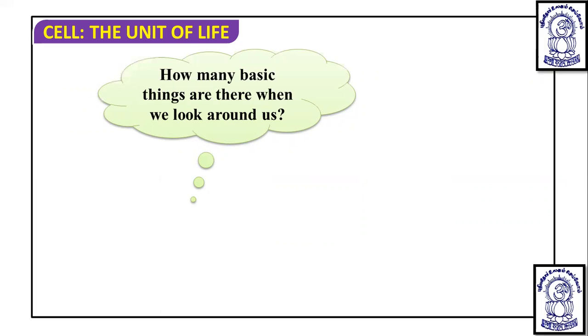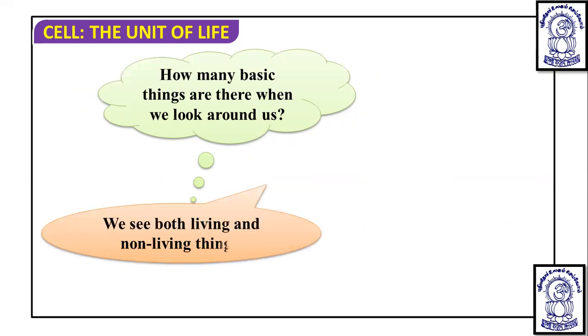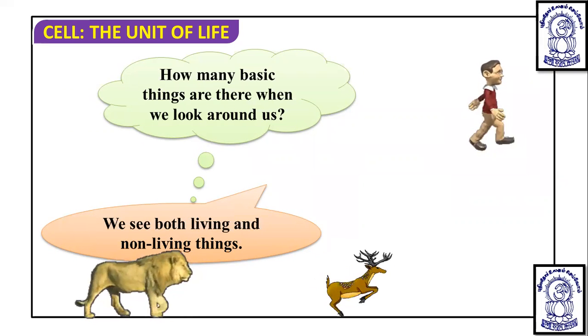Now the question is, what basic things are there when we look around us? We see both living and non-living things. There are several living organisms, from a microbe, a small bacteria, to large higher plants and higher animals. And we also see some non-living things.